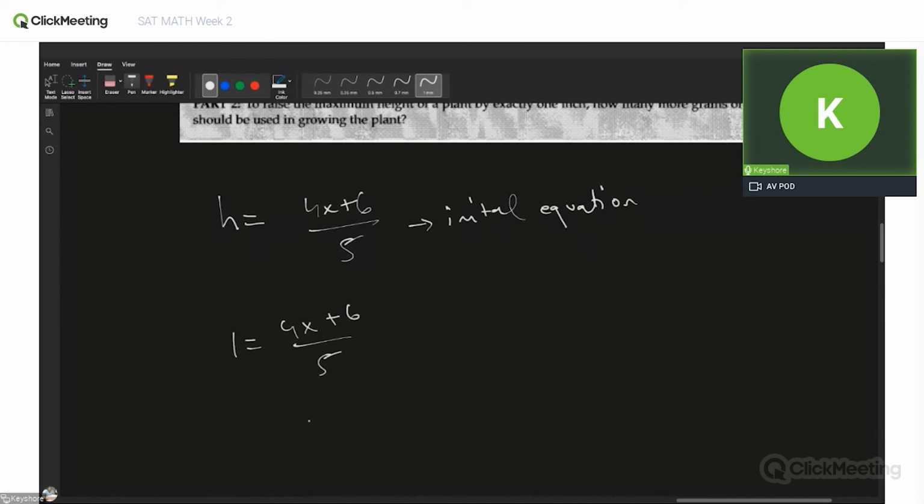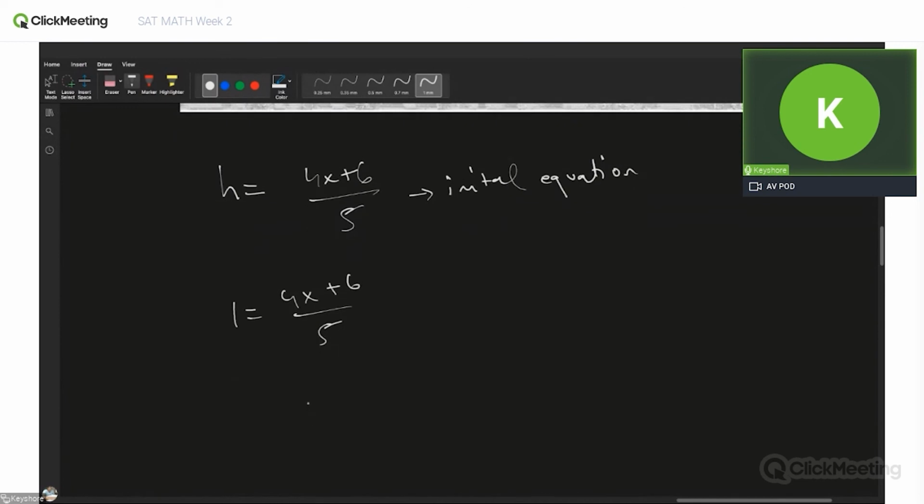I'll multiply by 5 on both sides. 5 equals 4x plus 6. Okay, so we multiply by 5. 5h equals 4x plus 6. I just forgot about the h, but 5h equals 4x plus 6. And then we subtract: minus 6 equals 4x. We divide by 4 on both sides.